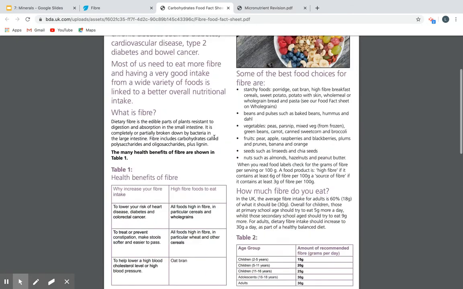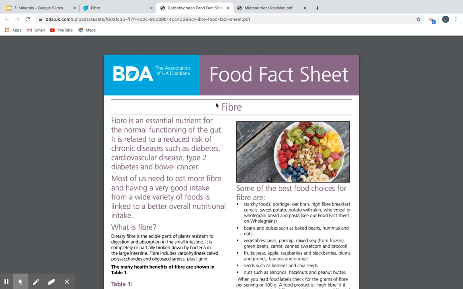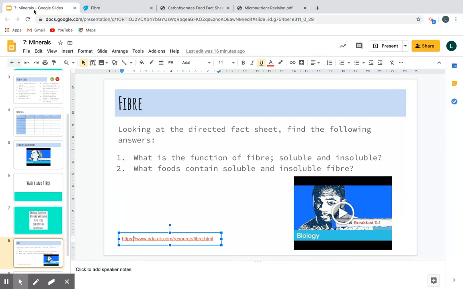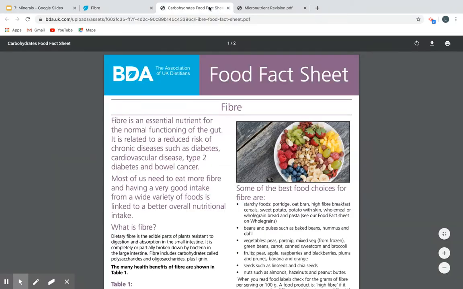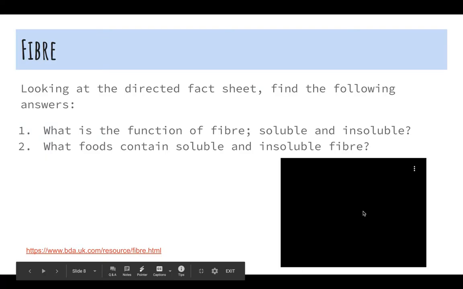I'm not very good at skim reading, year 10, so ignore me. Please just have a little read through the food fact sheet, and you should be able to answer the following two questions. If the fact sheet isn't providing you with the answer you would like, then you may want to go and have a little bit of research, or we can have a little watch of this video together and find out the answers.